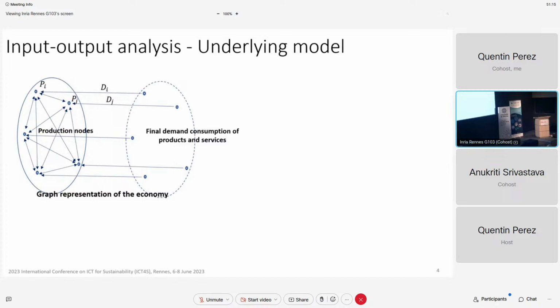Typically, we worked on the OECD classification, 44 sectors. They all interact between themselves, and they exchange commercial goods, of course. And they are all driven by the final demand, which is here on the right-hand side. The final demand of people like you and me.